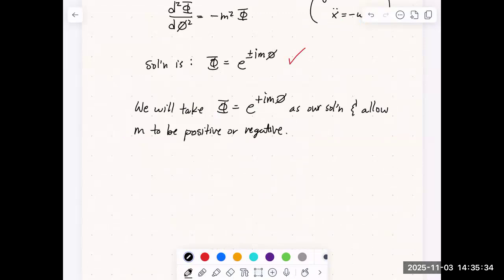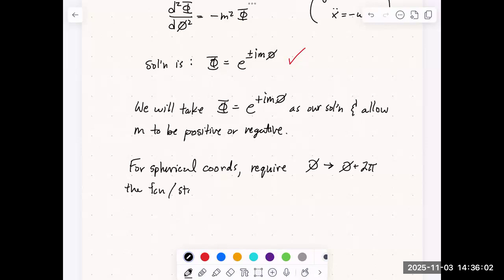All right. Before we finish this off, I want to look at some restrictions on m. So for spherical coordinates, we require that if I take phi to phi plus 2 pi, the function, or if you like, the state, is unchanged. So remember, spherical coordinates, we have, say, a z-axis, then theta is measured from the z-axis. So this would be theta equals 0.